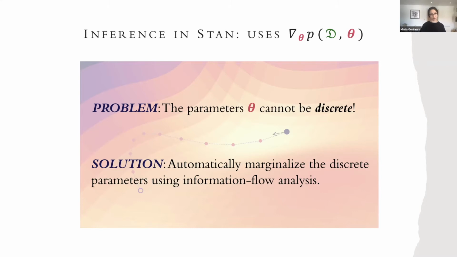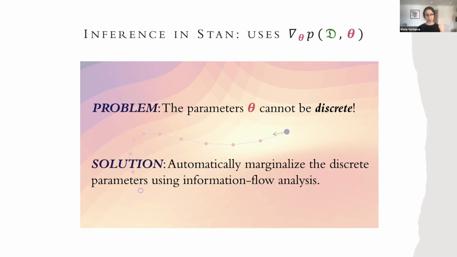there are workarounds, and actually the Stan manual describes one such workaround, and this is to marginalize out the discrete parameters in the program. The manual says how to do this manually by hand, but this research looks at it from the point of view of, can we automate it?